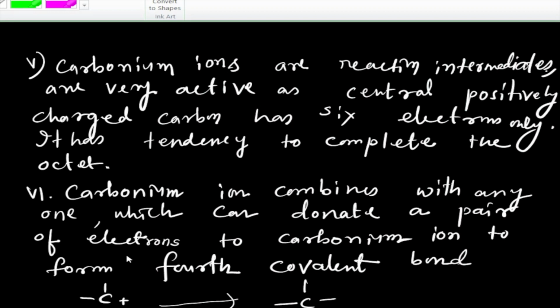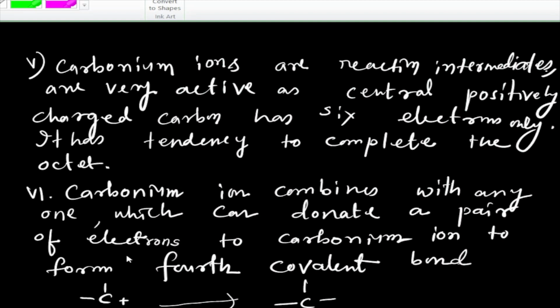So carbonium ions are reaction intermediates. Generally when you see a reaction mechanism, midway the carbonium ions are formed, and after that they are stabilized by hydride shifting or methyl shifting, and then become more stable.